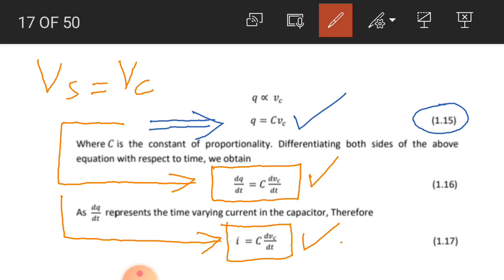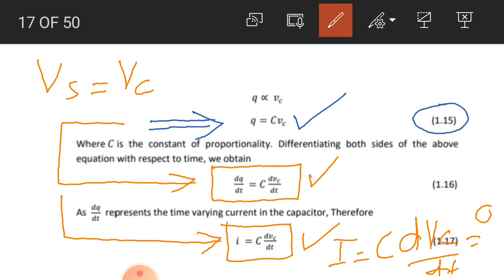And if you want to find out the current in the capacitor in this particular case, the derivative of the constant voltage with respect to time will be 0. So dvc by dt will be equal to 0, and this means that the current in the capacitor will be 0.